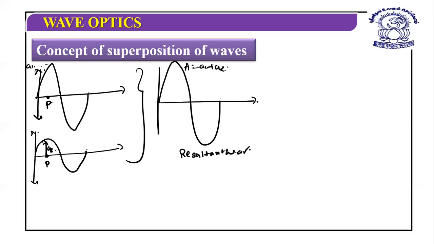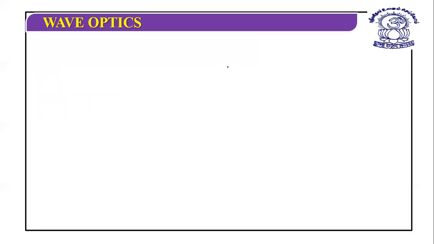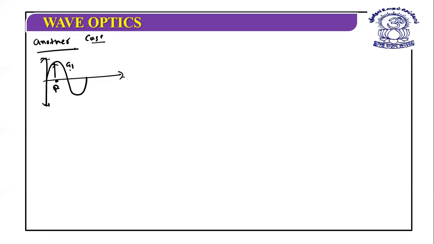Now let us consider another case, in which again two waves are arriving at point P of amplitude A1 and amplitude A2. These waves again are arriving simultaneously.